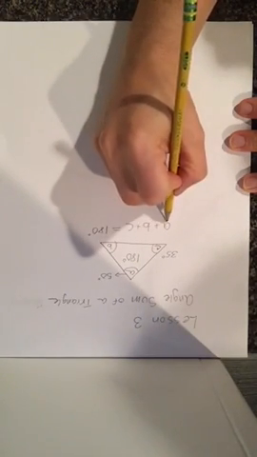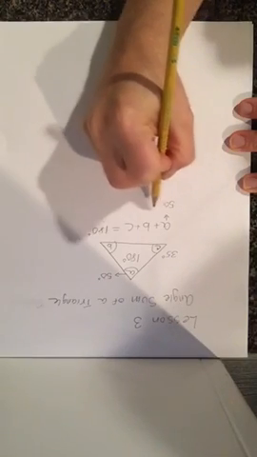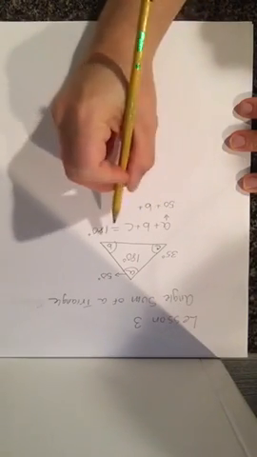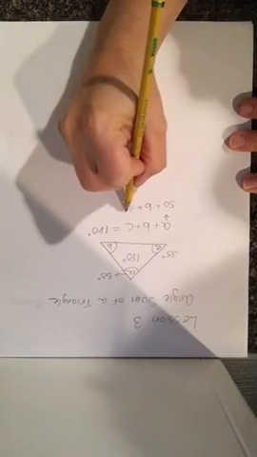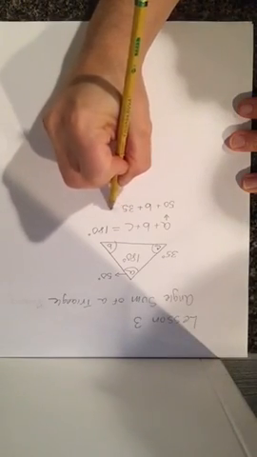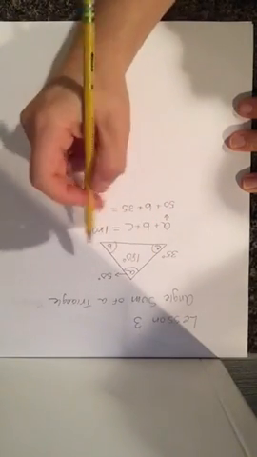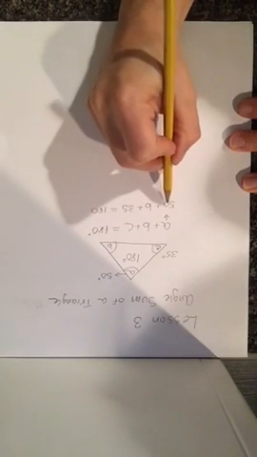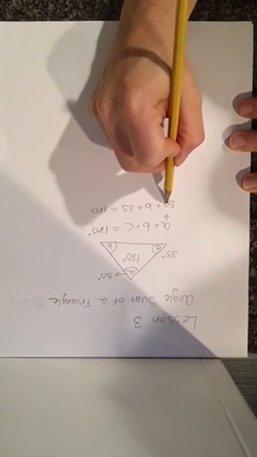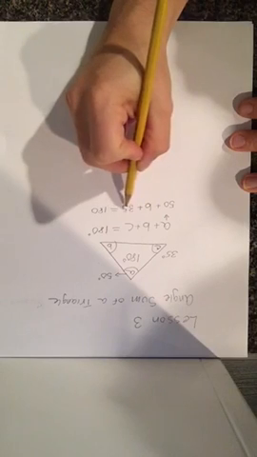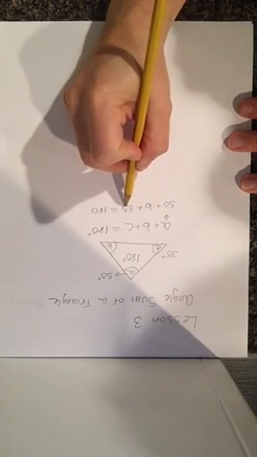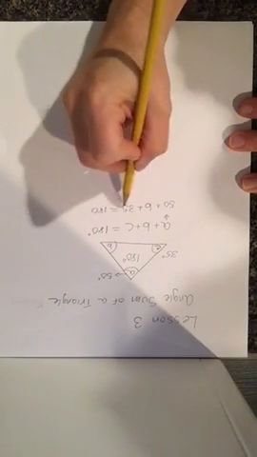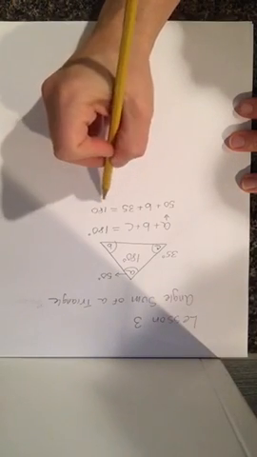So we substitute in for A, 50. We still have B, that's the one we need to find, and C is 35 degrees. And we know that they are going to total 180 degrees. So angle A, which is 50 degrees, plus angle B, plus angle C, which is 35 degrees, all those 3 angles together will total 180 degrees.